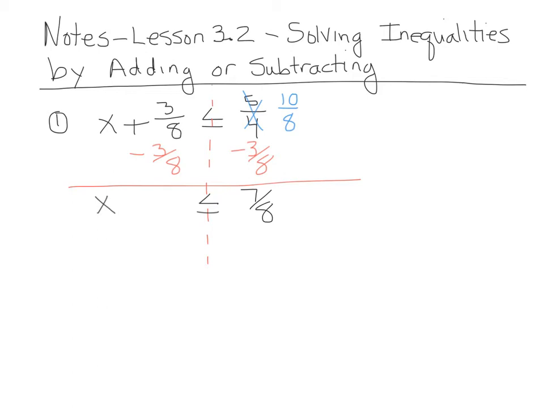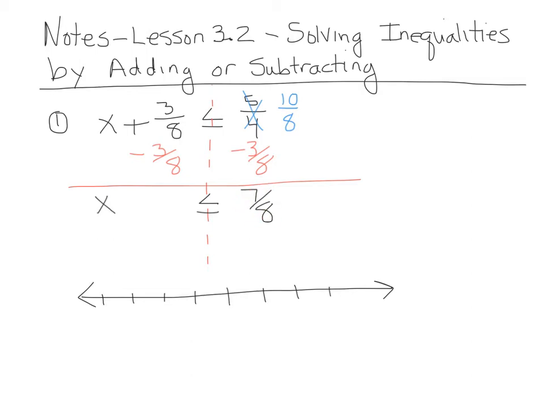So the solution to this inequality, we're looking for all the numbers that are less than or equal to 7/8. Well, there are a lot of numbers that are less than or equal to 7/8. I can't list them all, so I'm going to graph them. Okay, so remember to equally space your marks as best you can. I'm not going to make you get a ruler, but they should be equally spaced.